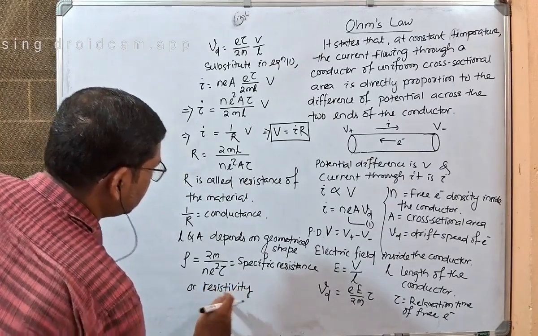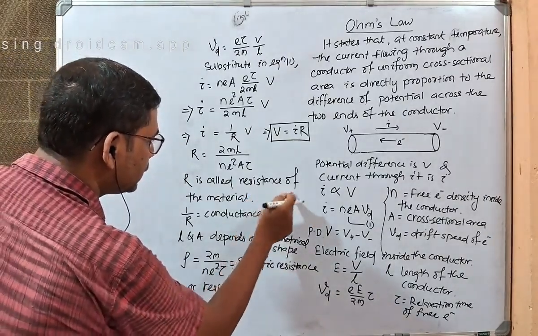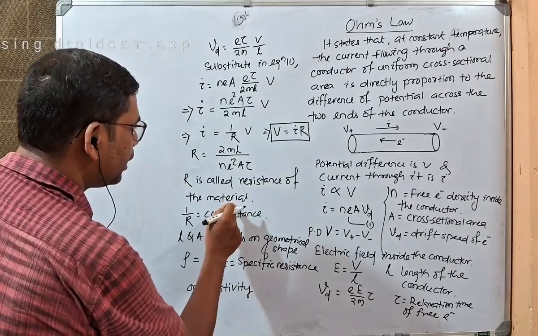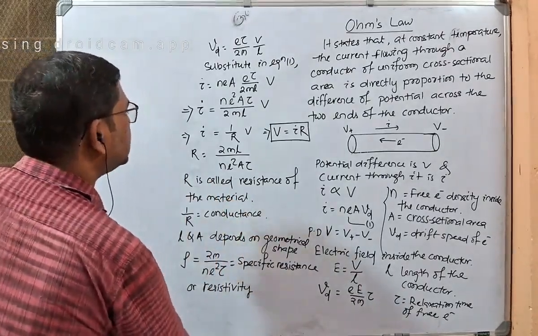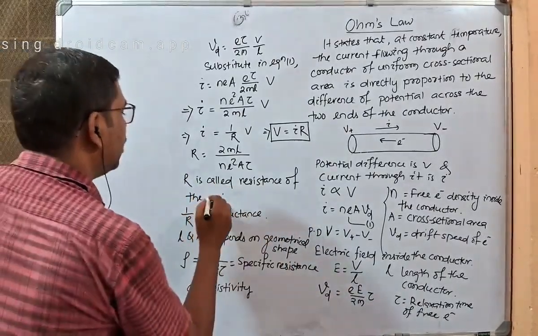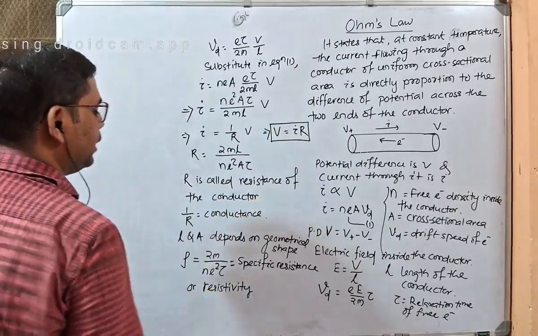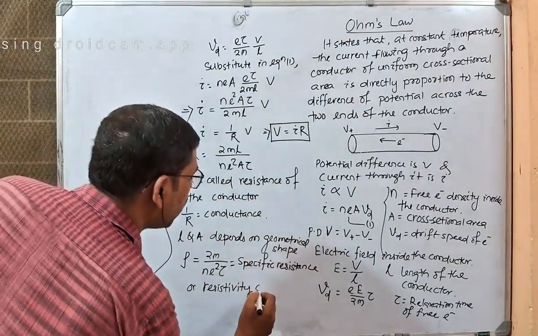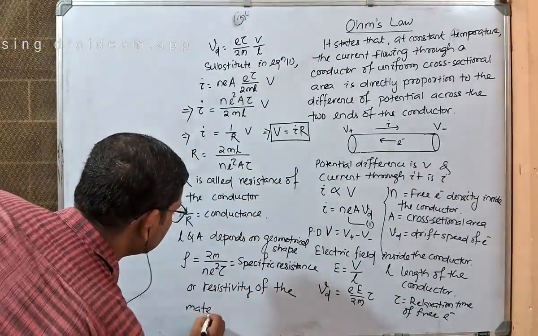I have written here something wrong: it is the resistance of the conductor, not of the material. It is the resistivity of the material of the conductor.